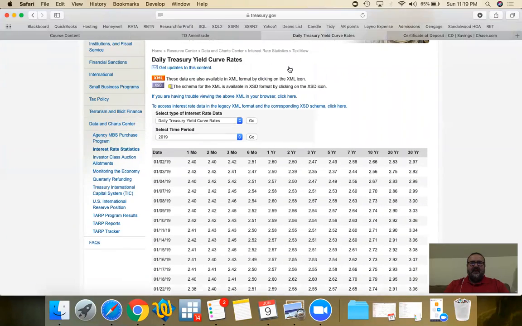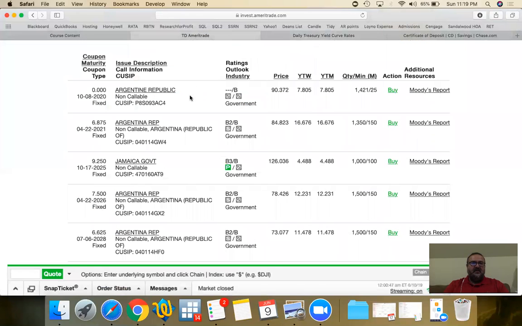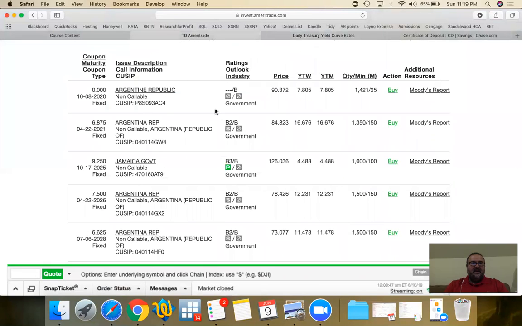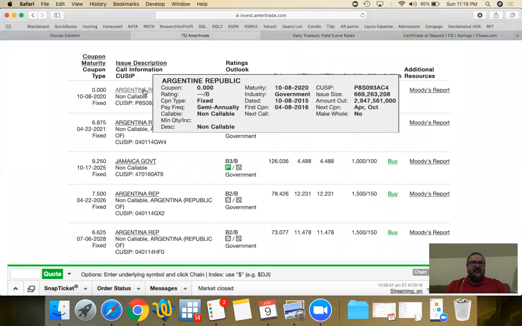Let's look at a high yield bond, like this Argentinian Eurobond that was issued in 2015, and now has a maturity of 2020.